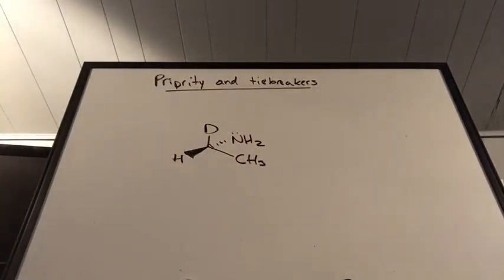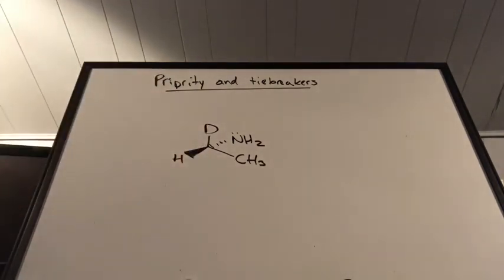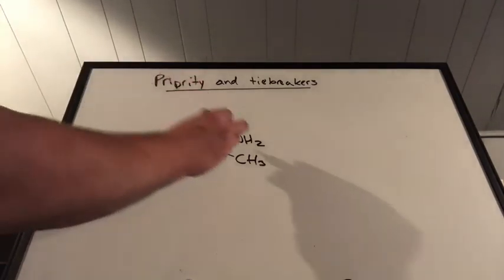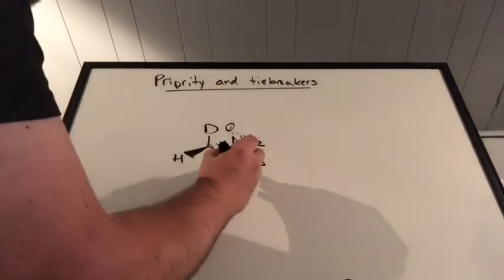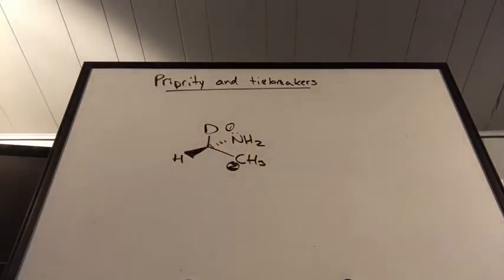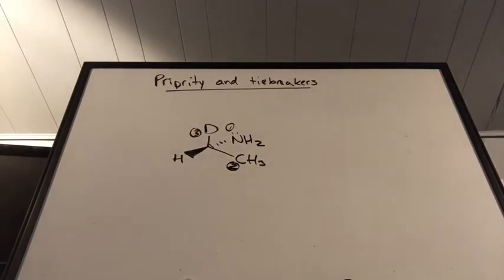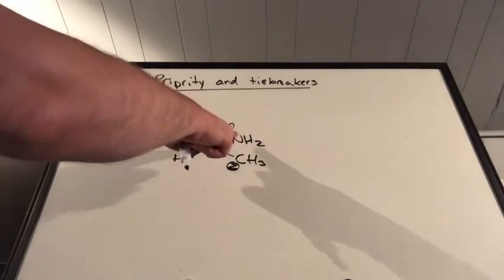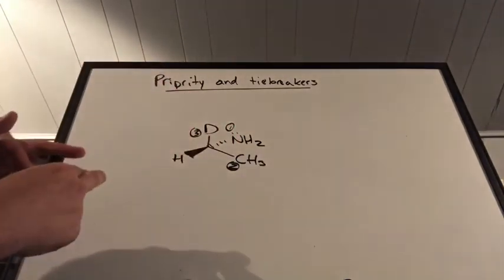Okay, so the priority that we're going to have is, again, whatever's attached to that carbon, from highest atomic weight to lowest. The first is going to be nitrogen, since that's an atomic weight of 14. Carbon's going to be 12, so that's second. Third is going to be deuterium, since that's an atomic weight of 2. Okay, so first priority is going to be in the back, so in other words, we want to flip things over.